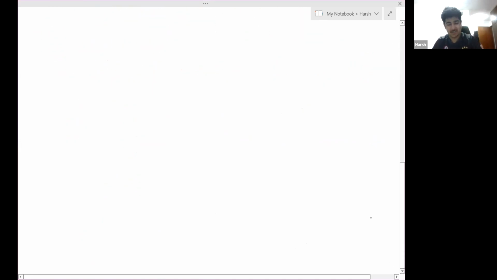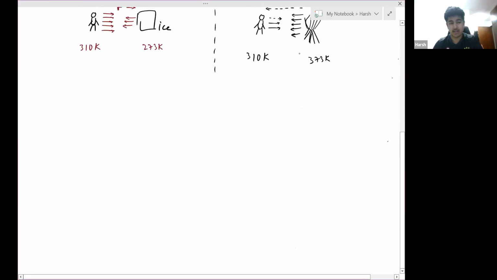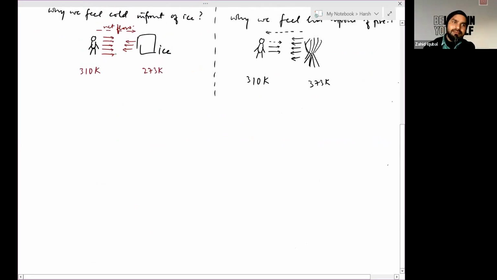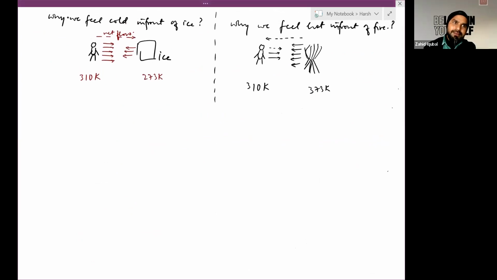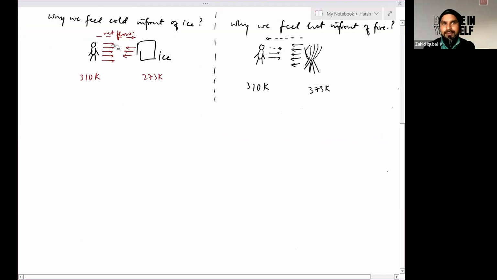Sir, I had one doubt. Our temperature is more than that of the ice, so why do we feel cold then? Just see, in this case the net flow of radiation will be from our body towards the ice.